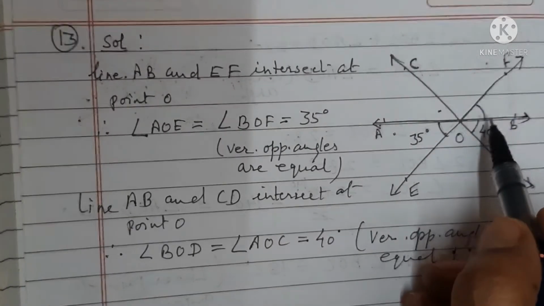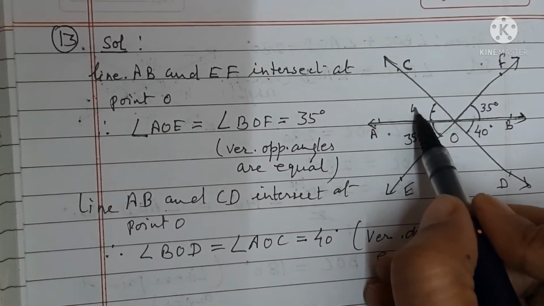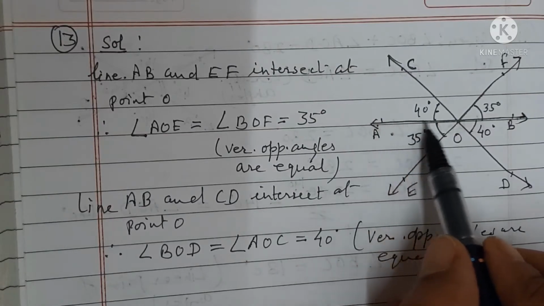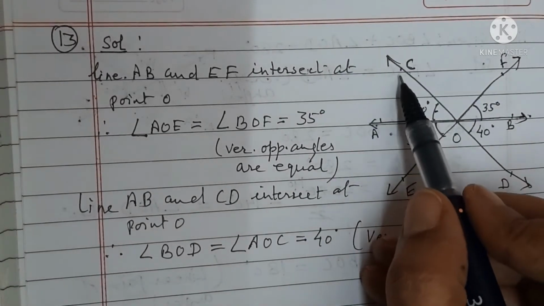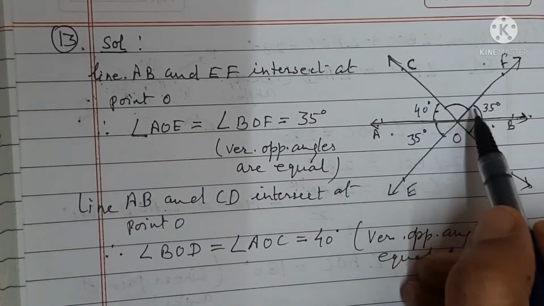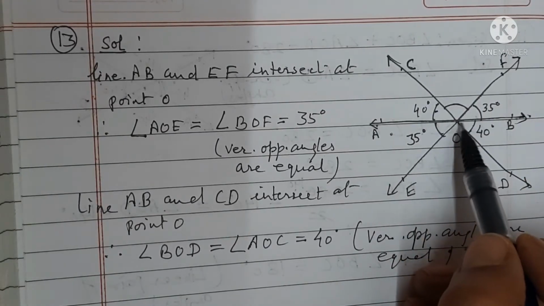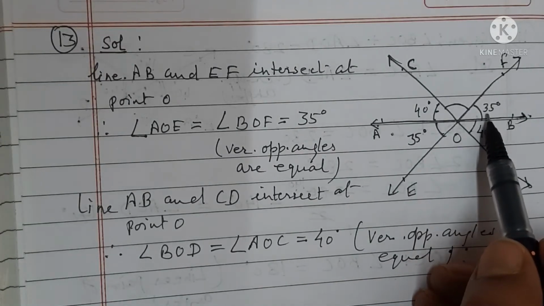Now you get this angle 35 degree, this is 40 degree, and here AB is a straight line and these are the rays OC and OF, and all the angles on the same side of a line at a point, the sum of all the angles will be 180 degree.